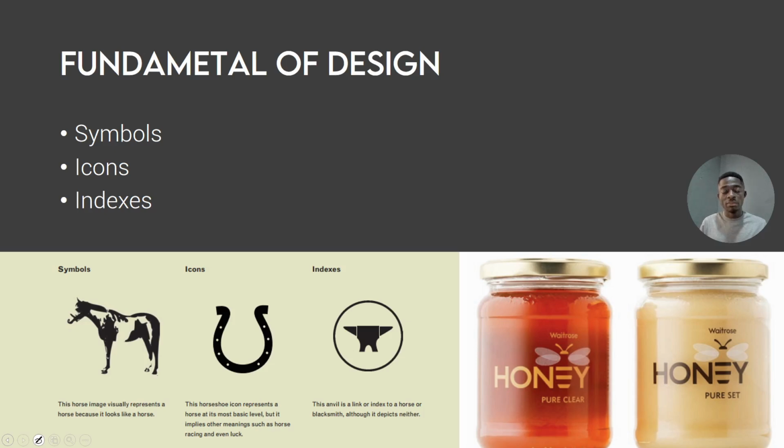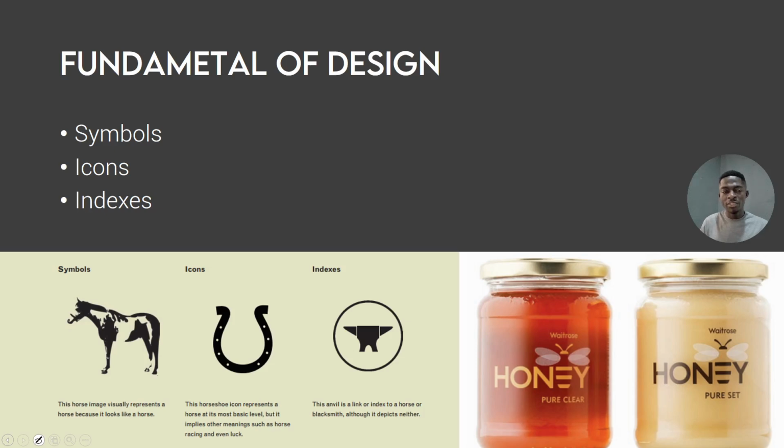This is one of the things that you would want to observe in graphic design. You want to create a logo for someone. The person says, I'm a blacksmith, I make horseshoes. Do you use a symbol? Do you use horses, or do you use horseshoes to represent it?